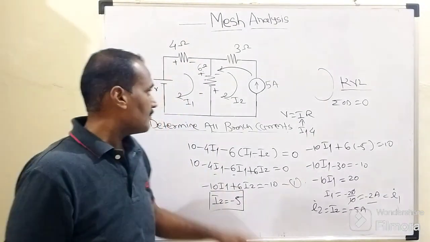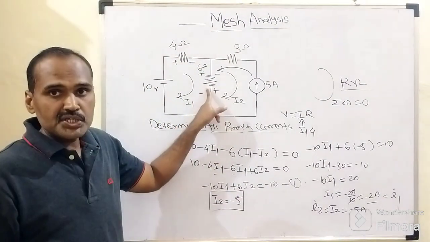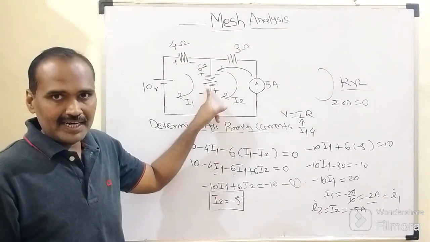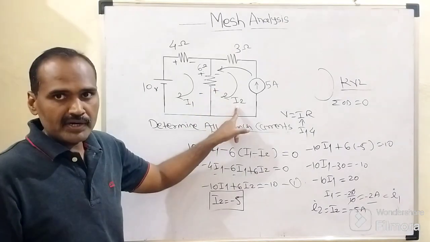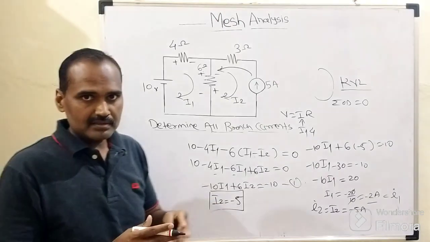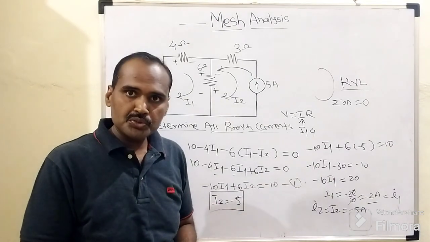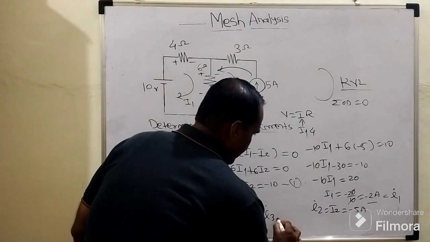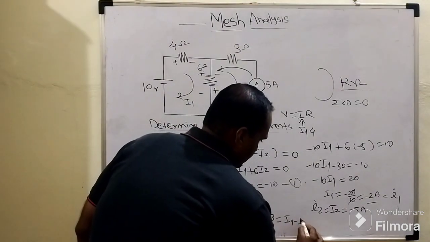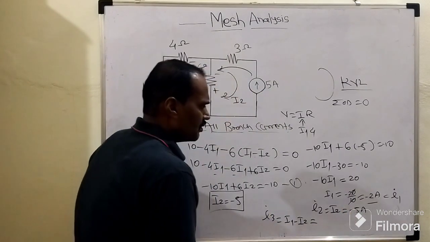Now it's time to determine the current flowing through this 6 ohm of resistor, right? Now which current flows through this 6 ohm of resistor? I1 minus I2, because their directions of currents are opposite to each other, right? So here in this suffix letter I3 equals to I1 minus I2. I1 equals to what here?